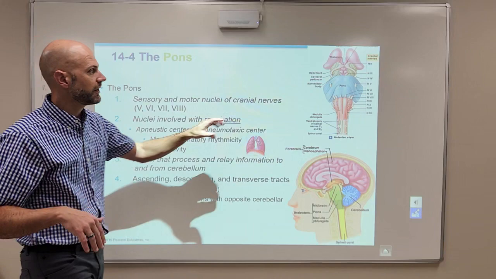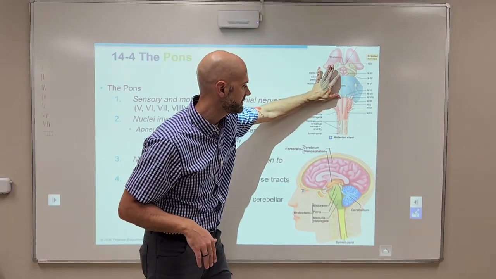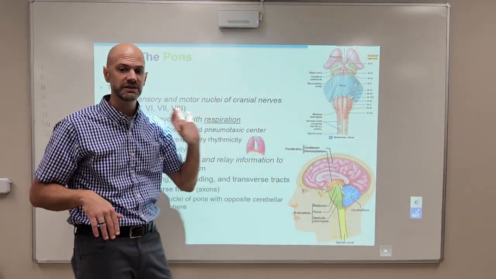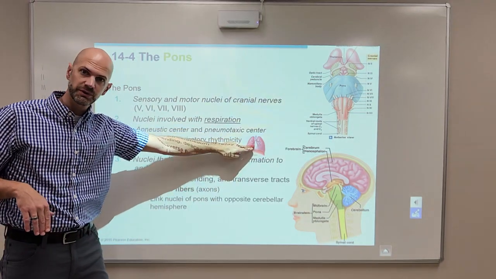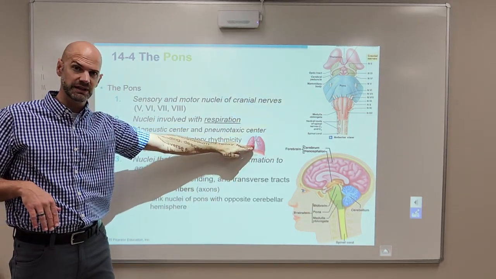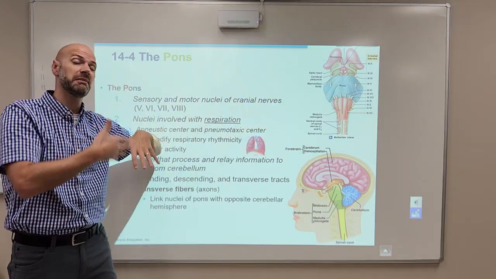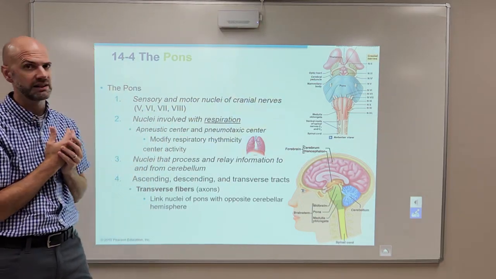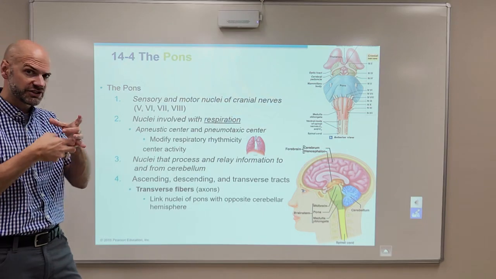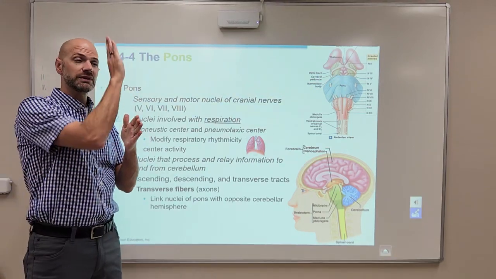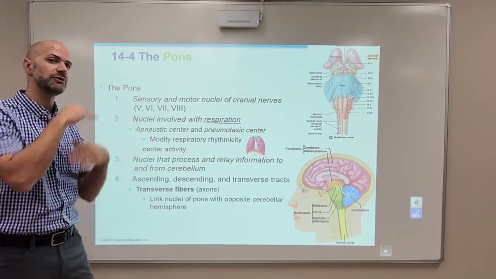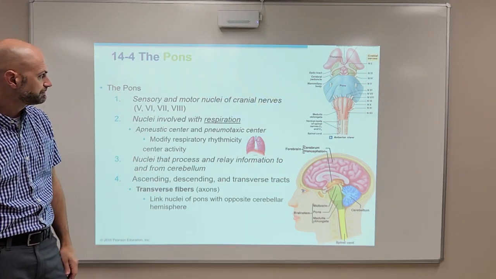Moving up from the medulla into the pons. The pons also contains important respiratory rhythmicity centers. Some of those are in the medulla, some of them are in the pons, and some of them actually overlap between the pons and the medulla, because several nuclei span the boundary between the two.